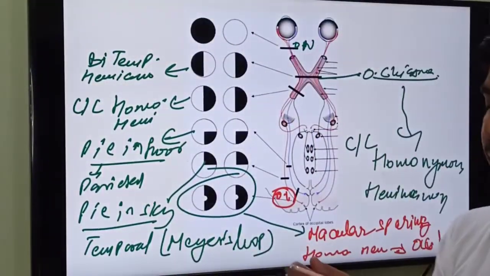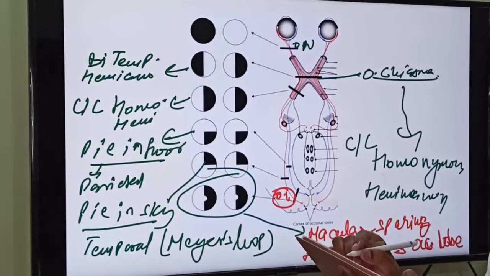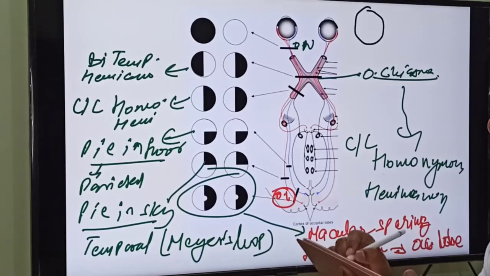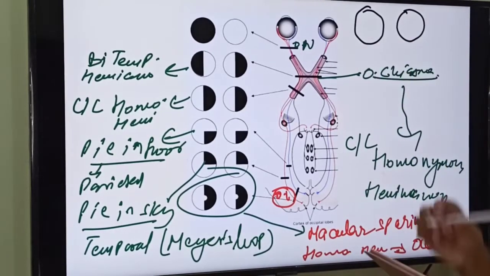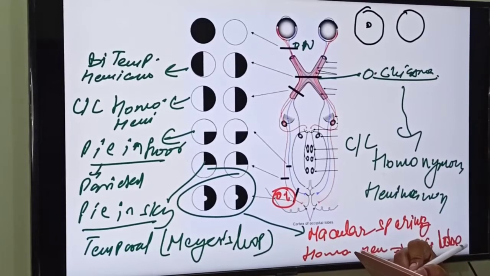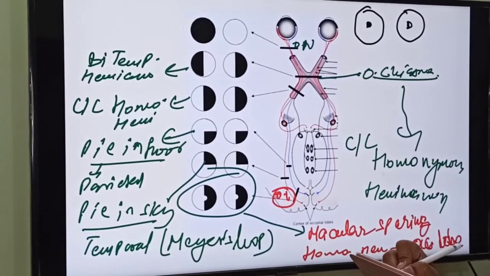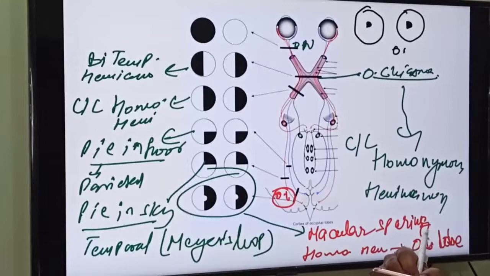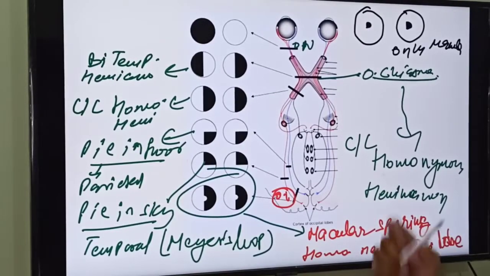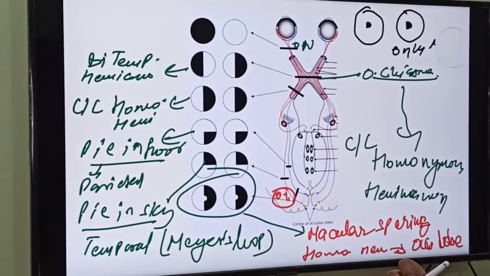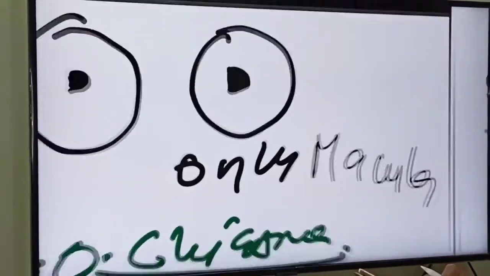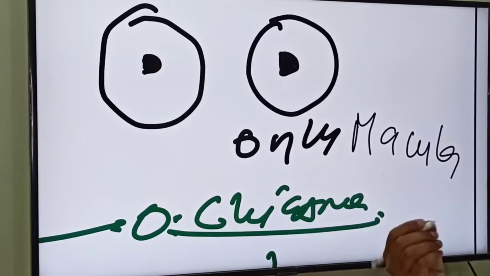And one important thing, suppose this is the region and only this half, only the macula is involved. Then what will be the answer? Where is the lesion?